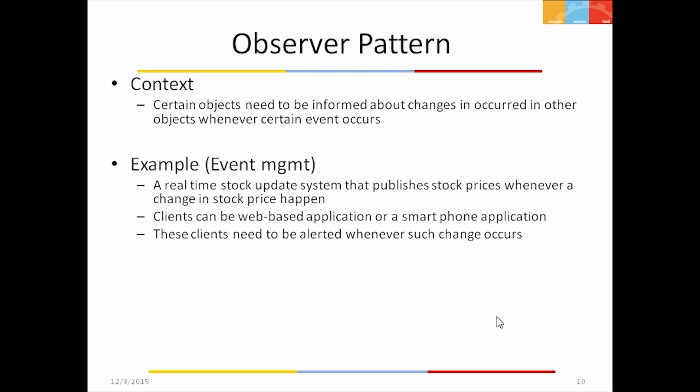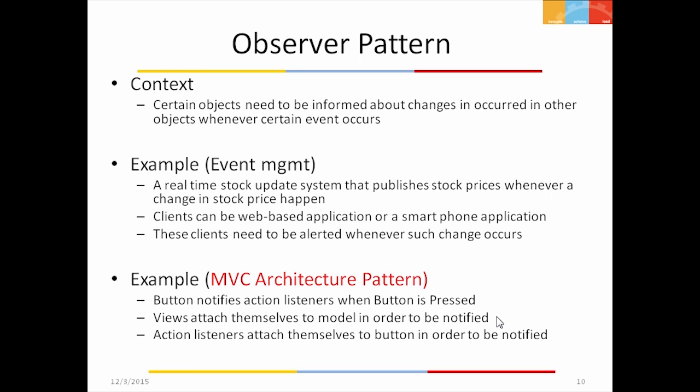And there are many clients, including the ones that we see today in smartphones. So these smartphone based applications or even web based applications use this real-time stock update system. These clients are alerted by the server whenever there is a change that occurs. So this is basically called the observer pattern.